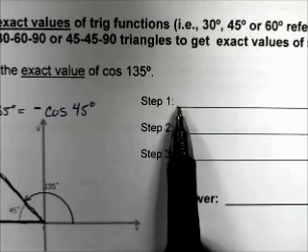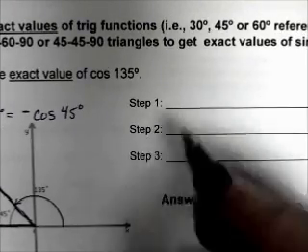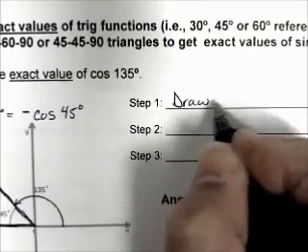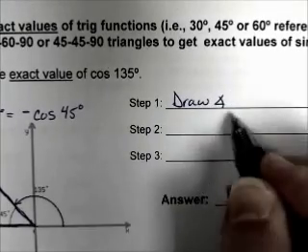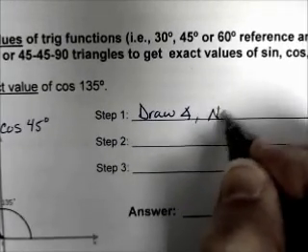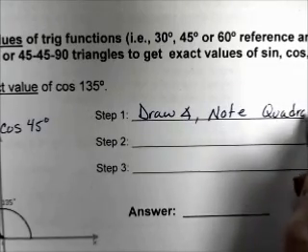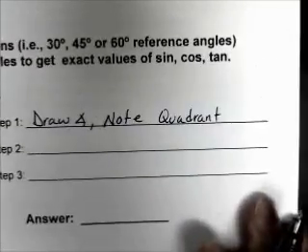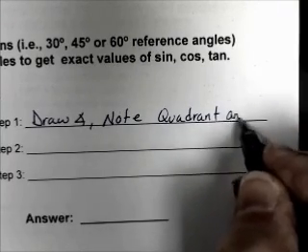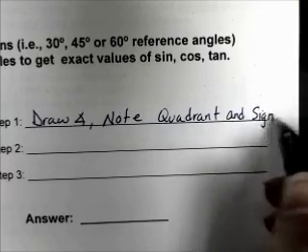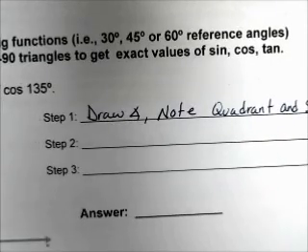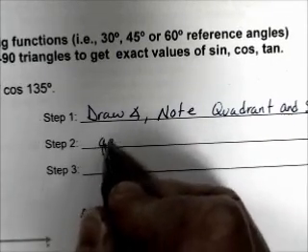Let me just write down some steps here. First step we're going to do, we're going to draw the angle, make note of what quadrant the angle lies in, and the sign, meaning S-I-G-N, sign. Next, you get the reference angle.